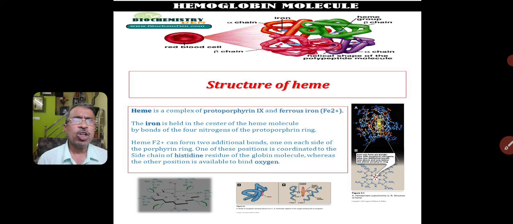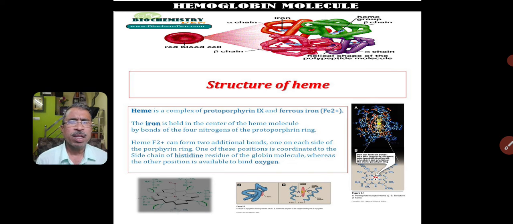Now in the structure of the heme, we have shown above the hemoglobin molecule and the structure of the heme. Heme is a complex of protoporphyrin and ferrous iron. The iron is held in the center of the heme molecule by bonds to the 4 nitrogens of the protoporphyrin ring.